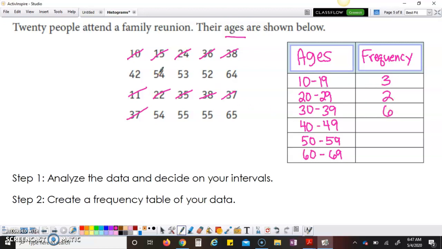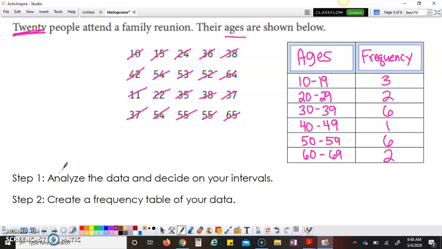All right. 40 to 49, 1. Okay. 50 to 59, 1, 2, 3, 4, 5, 6. And then 60 to 69, 1, 2 people. Okay, so we want to make sure that we've got 20 because it tells us we've got 20 people. 3, 5, 11, 12, 18, 19, 20.